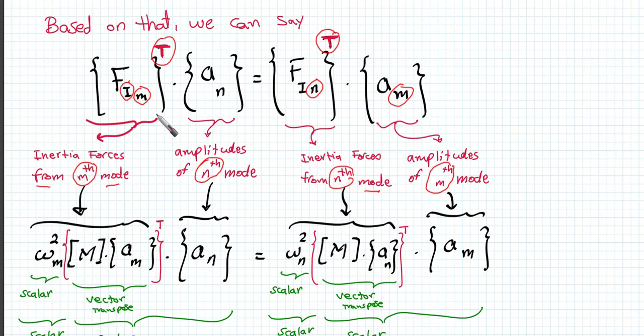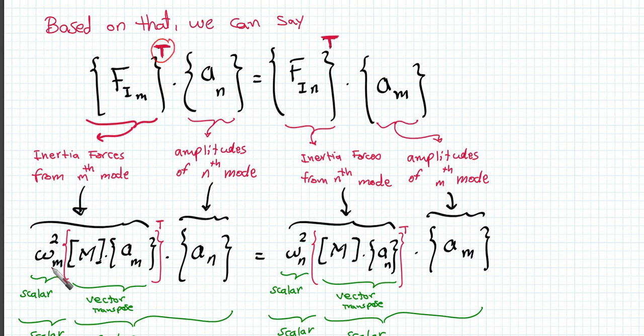This inertia force equals what? If you go back to the previous slides, you're going to find that it equals exactly omega m squared times, this is because we have transpose here. Let me clear everything. So here we have transpose, right?